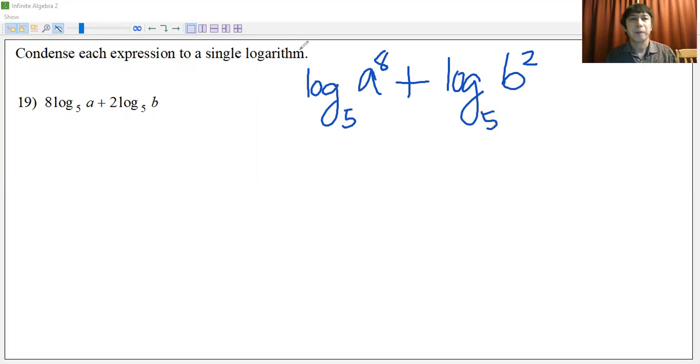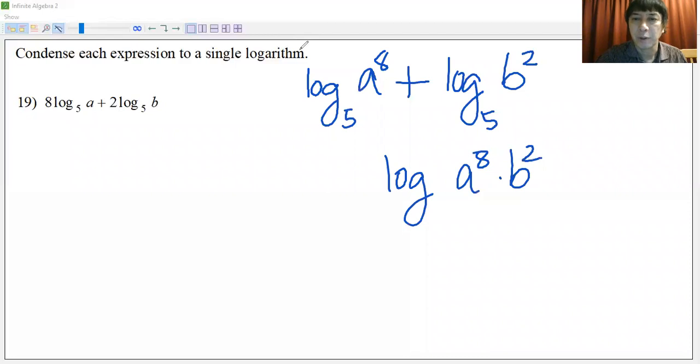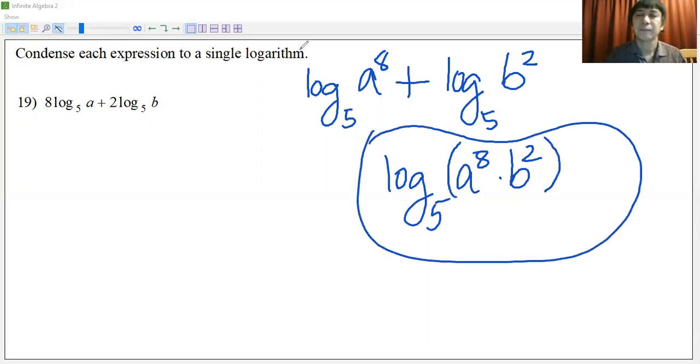All right, since this is addition, we can express it as logarithm of a to the 8 times b squared, base 5, and we can put parentheses there. That will be the condensed single logarithm, and we can verify the answer.